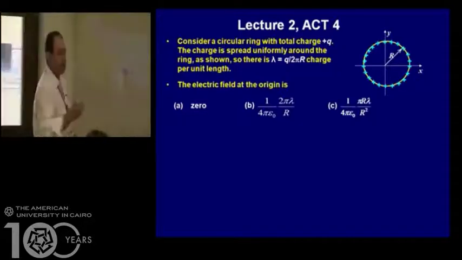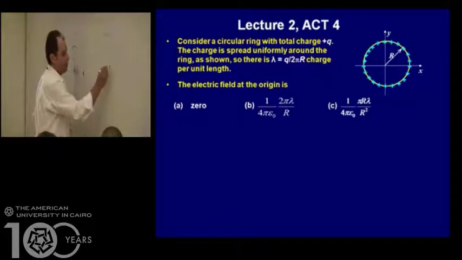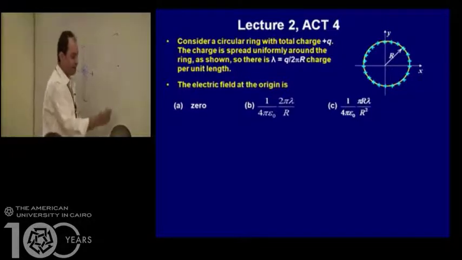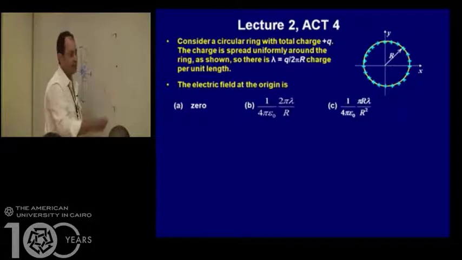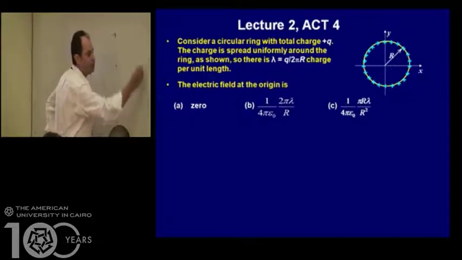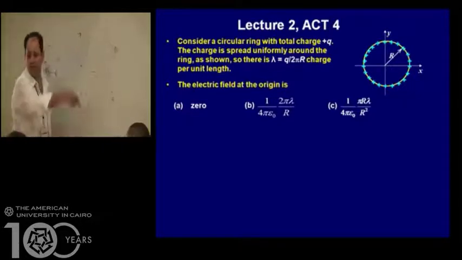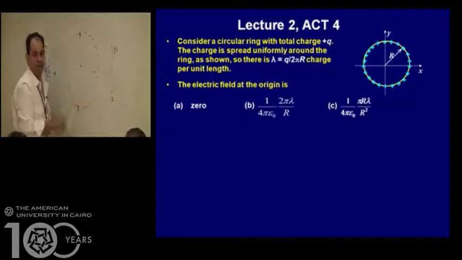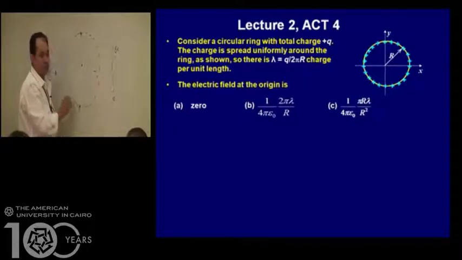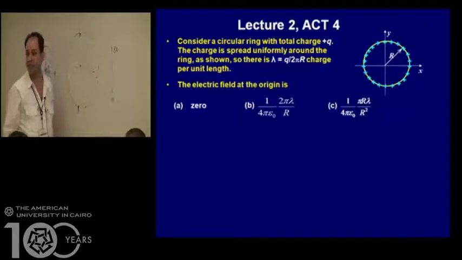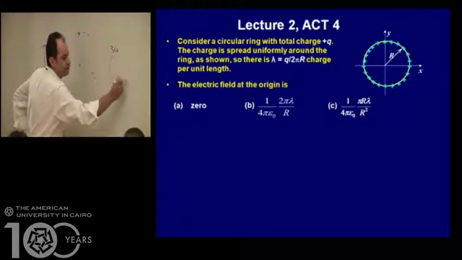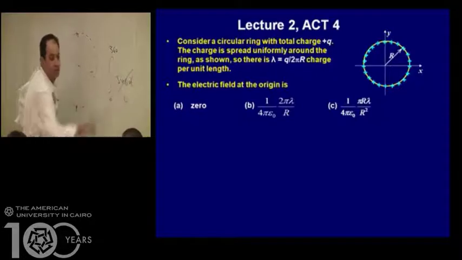Last time in class we did that, right guys? And we agreed to integrate from the beginning to the end, and the integration was something like from 0 to 180, or from 90 to 270, it doesn't matter. So if you complete that ring, the integration will be from 0 to 360, and that integration of sine theta d theta will give you 0.